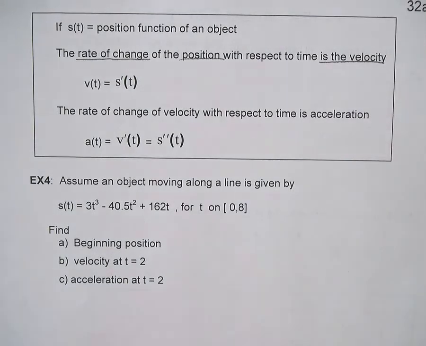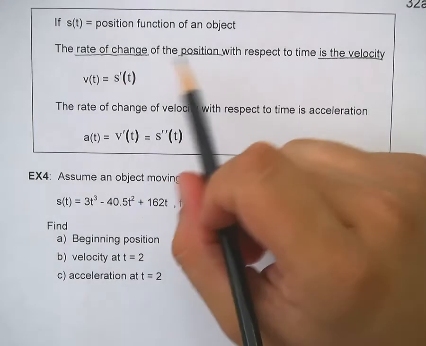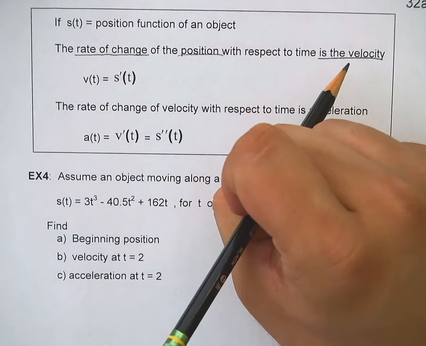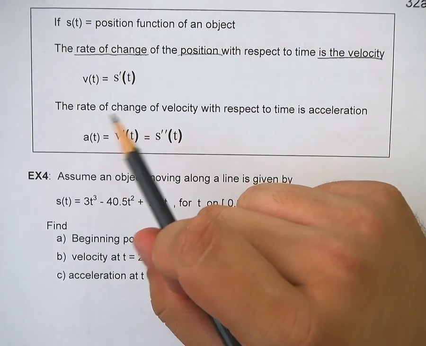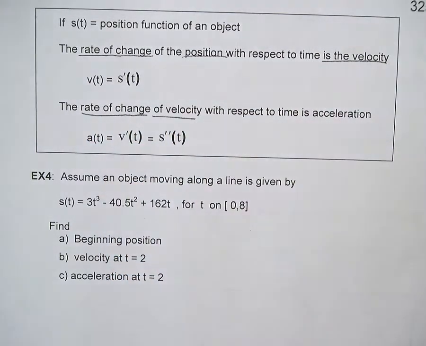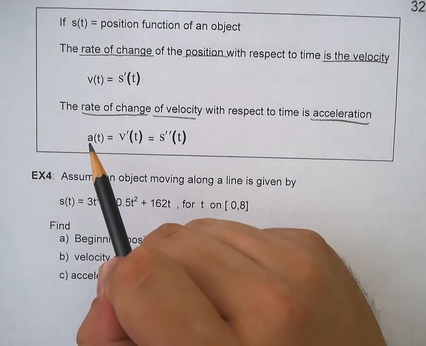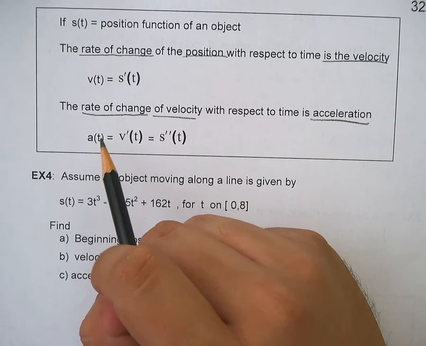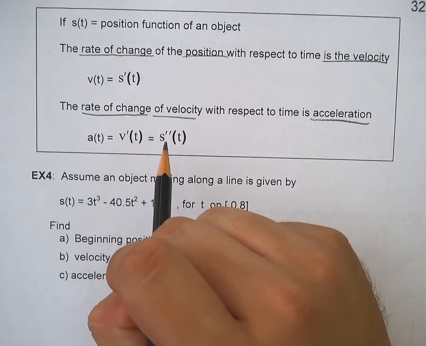What is the deal with rate of change again? Rate of change is the derivative. The derivative of position is velocity. The rate of change of velocity with respect to time is acceleration. That means that acceleration, A of t, is the derivative of velocity and the second derivative of position.